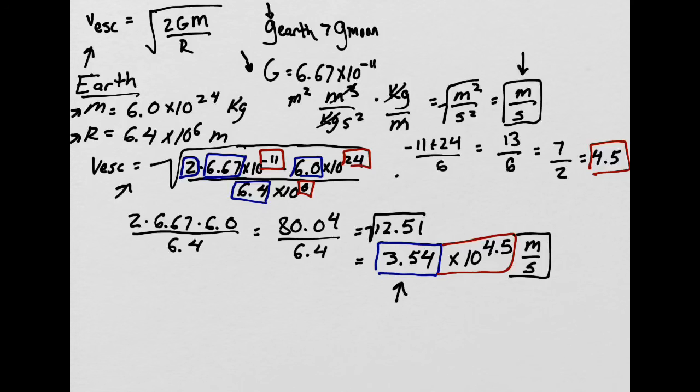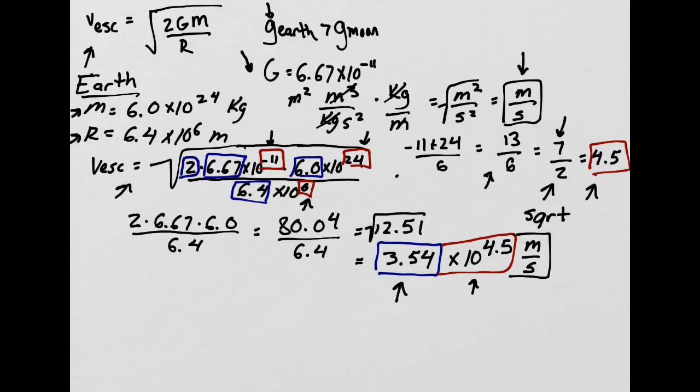So we have negative 11, 24, and 6, which gives us 13 divided by 6, which is 7, since you subtract exponents when you divide. And then in order to account for the square root, you have to divide it by 2, which gave us a 4.5 exponent here.